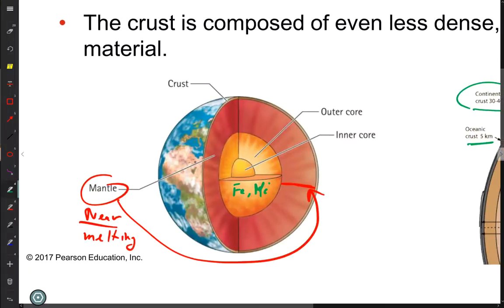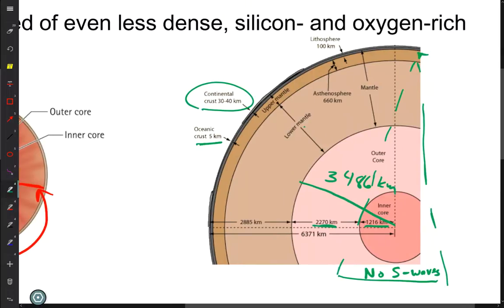Coming back to this, the mantle here is shown as one piece. That's the picture from the textbook. This one here obviously wasn't from the textbook, and it gives you more detail. The mantle has two distinct regions called the lower mantle and the upper mantle. The asthenosphere is actually this region right here, as I understand things, between the upper and lower mantles.